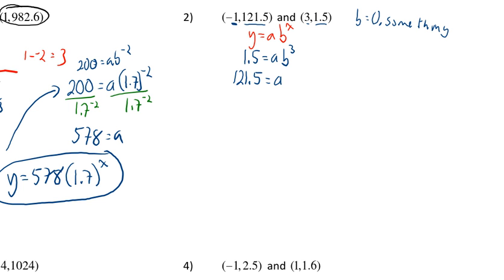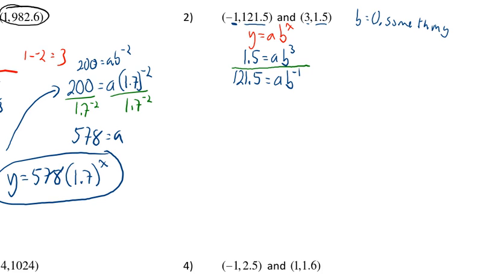So you plug in those two sets of coordinates, you put the two equations right on top of each other, line everything up, and then instead of adding two equations together or subtracting like we do with systems of equations, this is a different kind of system of equations. We're going to divide these two equations. So I'm going to divide left side divided by the left side and right side divided by the right side. All right. And 1.5 divided by 121.5 is going to be probably an uncomfortable looking decimal.